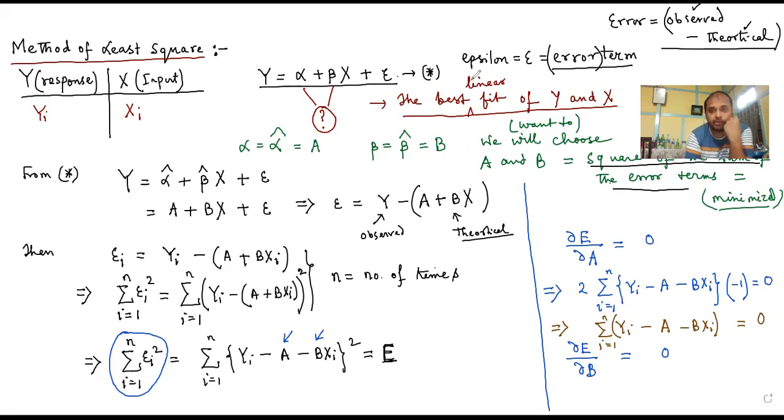Similarly, if I want to take the partial derivative of E with respect to B, we get, first of all, twice the summation i goes from 1 to n of yi minus a minus bxi, and then the partial derivative of minus bxi with respect to b, which gives us minus xi, which is equal to 0.